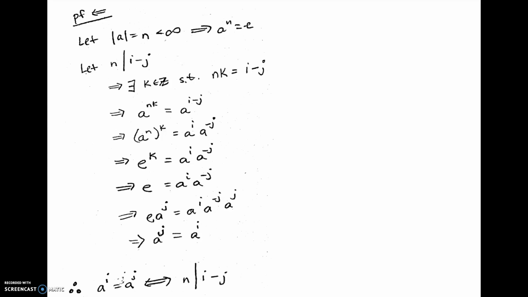So let the order of A be N, which implies that A to the N equals E, and let N divide I minus J. Since N divides I minus J, there's some K, a member of the integers, such that N times K equals I minus J. Then A to the NK must equal A to the I minus J. A to the NK is the same thing as writing A to the N, to the K. And then I broke down the I minus J, so it's A to the I, A to the negative J, or A to the J inverse.